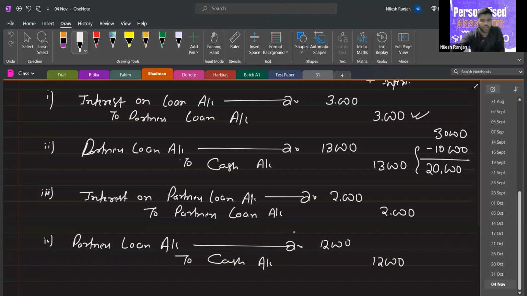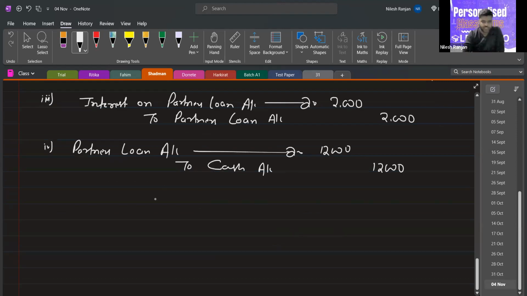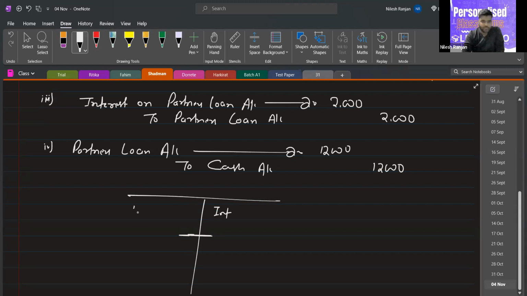You can prepare the loan account from these entries, because the loan account will be divided into three parts in this case. In the first year, you will write interest on the credit side and payment on the debit side, and the amount transferred, 30,000, will be written from the capital account. So by capital account 30,000, interest 3,000, total 33,000.